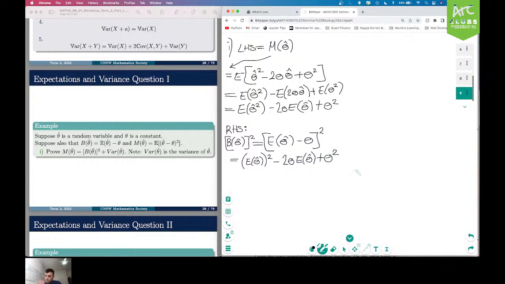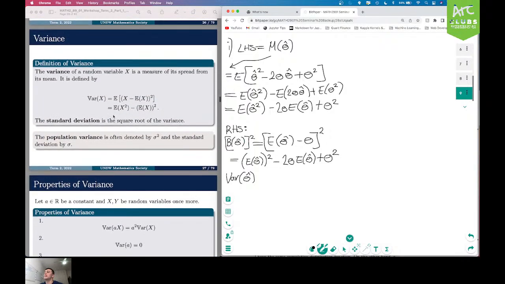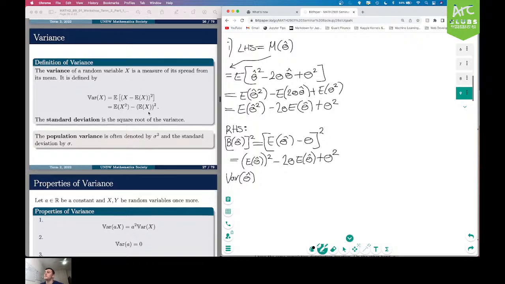Okay, cool. Now we can take a look at the variance. So the variance of theta hat, just remember from a few slides ago, we typically prefer to write it in terms of expectations. So the variance of x is the mean of the square minus the square of the mean.